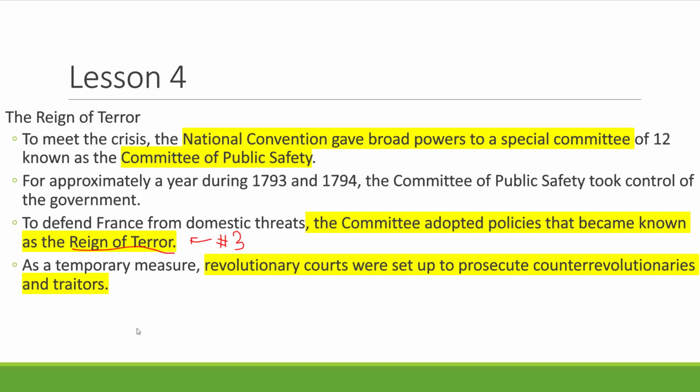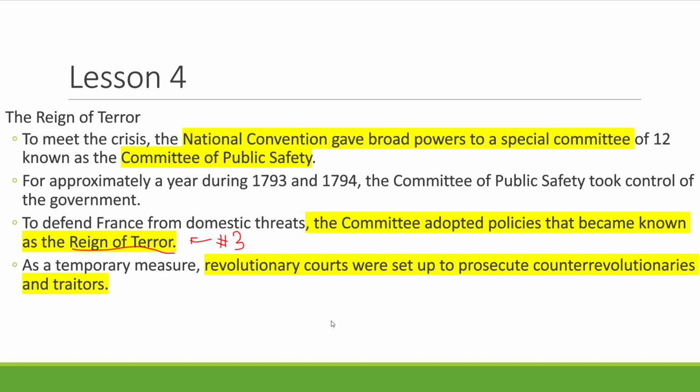Okay, so who is the committee? That's why I have this portion highlighted. The committee is actually a special group that the National Convention gave powers to. That was 12 people, and they became known as the Committee of Public Safety.